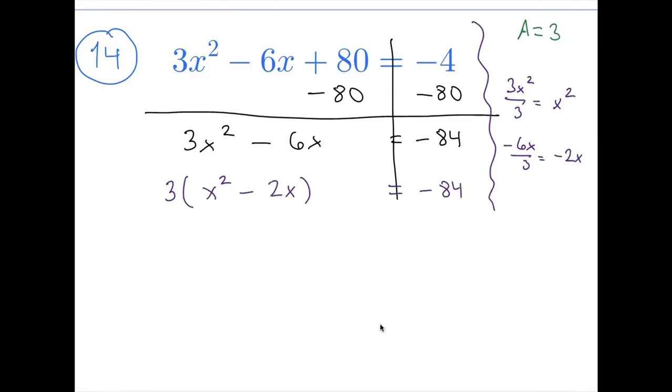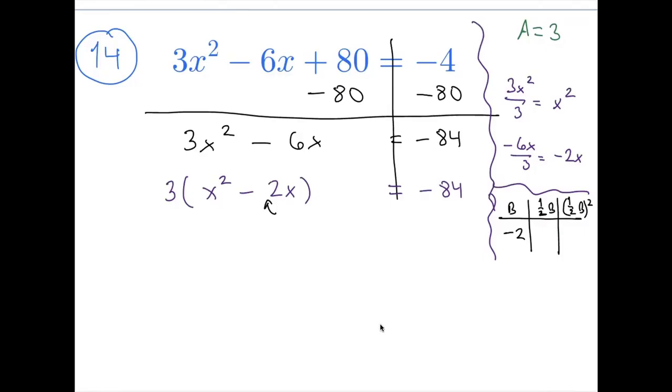And so now that we have factored out the 3, we can go ahead and do our b table. So again, our heading is b, 1/2 b, and 1/2 b squared. So that means b is going to be -2, because remember, we look at what's inside the parentheses next to the x.